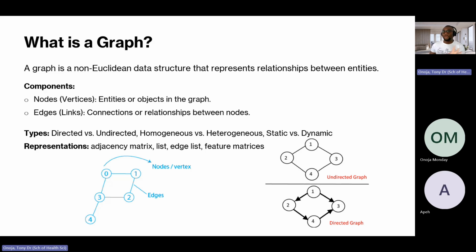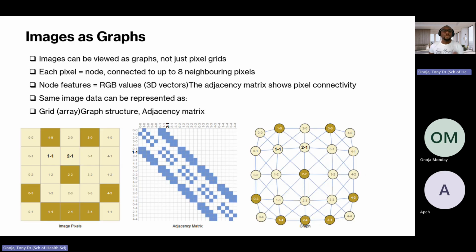So we say that's an undirected graph. But the one where we see an arrow pointing in a direction that the nodes go into or come out from, we say it is a directed graph.